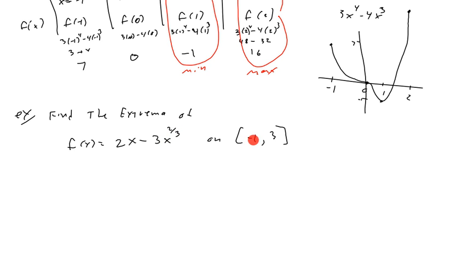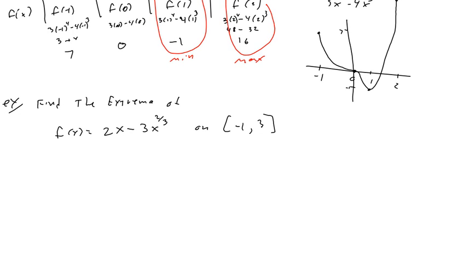Cube root of -1. Can I do that? Am I allowed to put this negative in here? This one, it's all okay. So what hint can I give you? Odd roots can be negative.